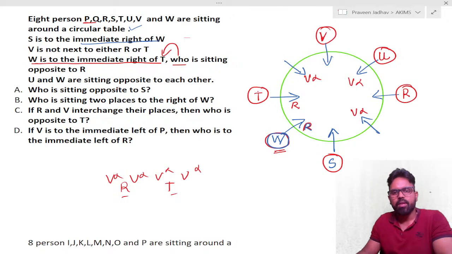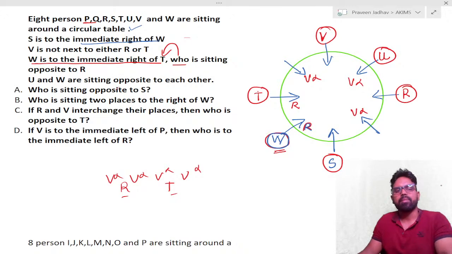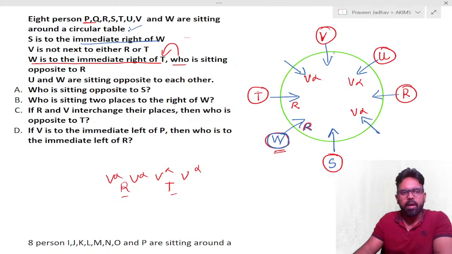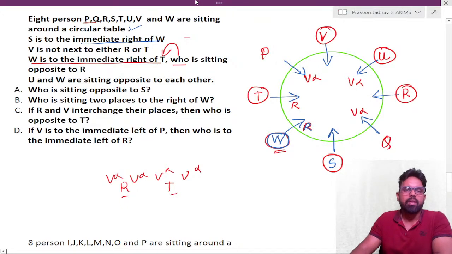P and Q. Sir, what about P and Q? What am I supposed to do? Is my answer wrong? Did I go wrong somewhere? No, you haven't gone wrong anywhere. You are right to the last point. But if you could not arrange the last two people who were left out, you have to presume that if P comes here, Q will come here.